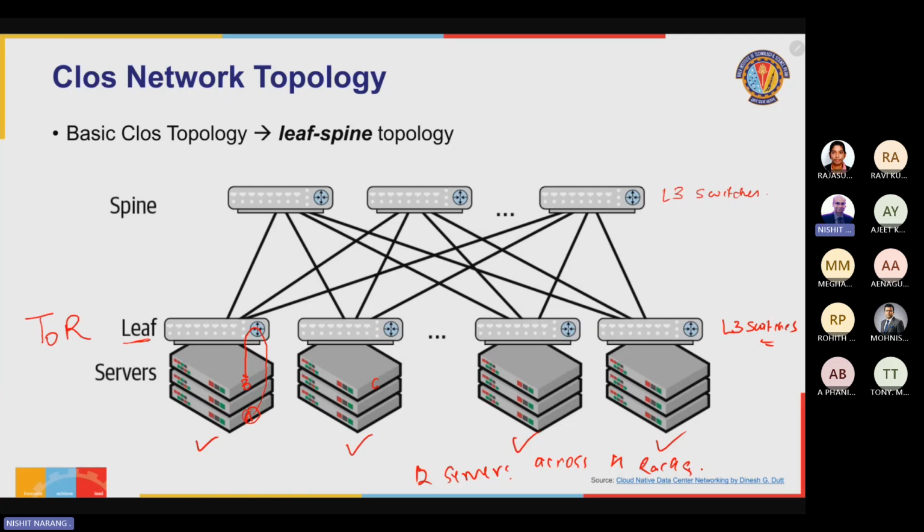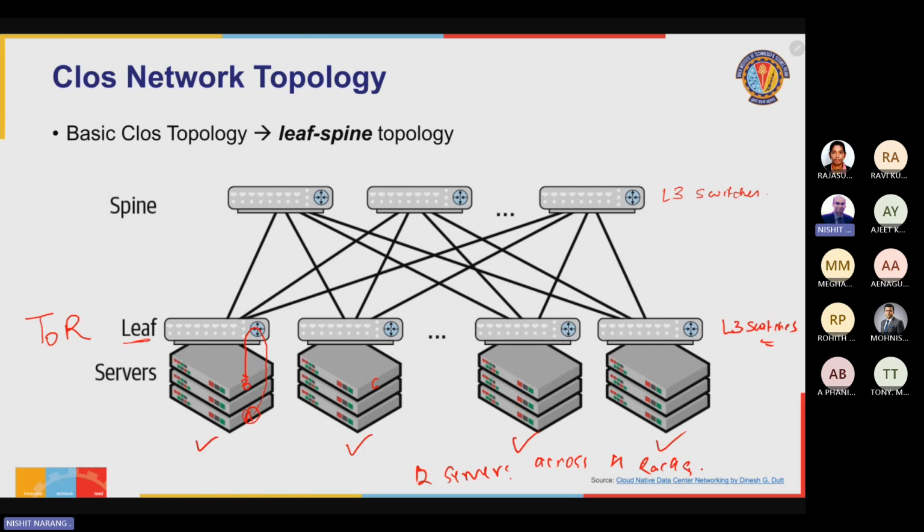Most importantly, the leaf and the spine switches are of the same type. There is no distinction between the spine or the leaf switch. You can take a leaf switch, make it a spine, take a spine, make it a leaf. They are of the same type and make and configuration.